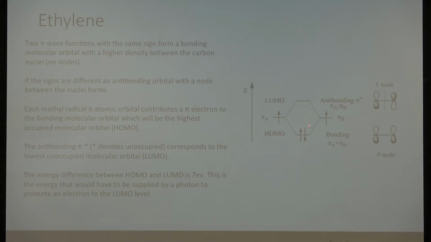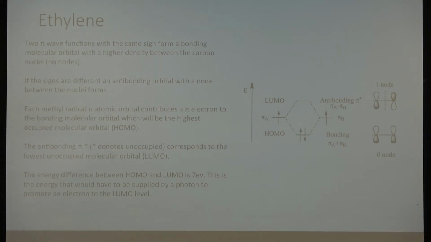Okay, so this is kind of a weird way of looking at our molecular orbitals because we're only looking at the pi here, right? So what if now we're considering our two pi wave functions with the same sign to form a bonding molecular orbital?